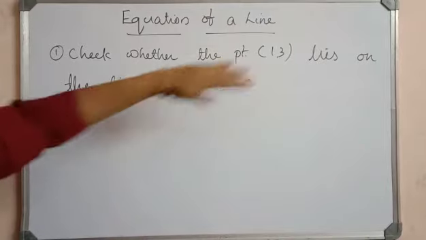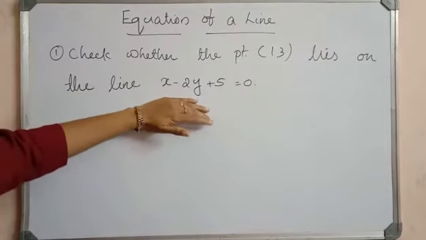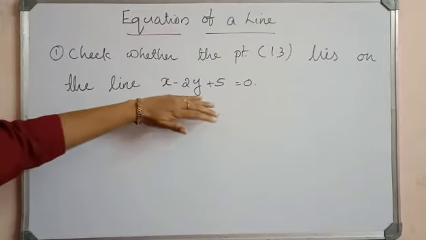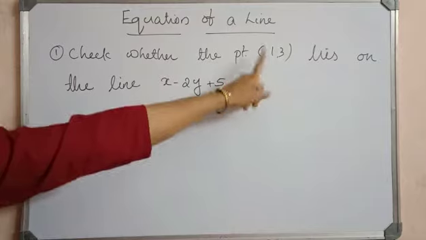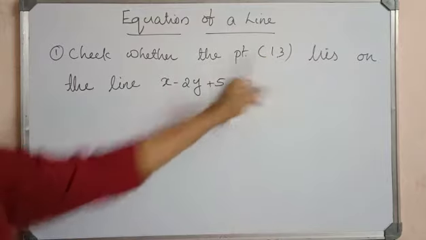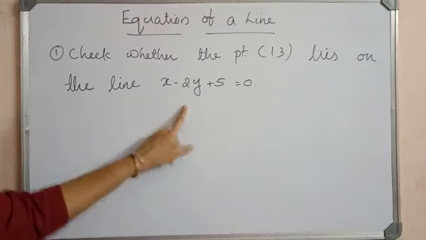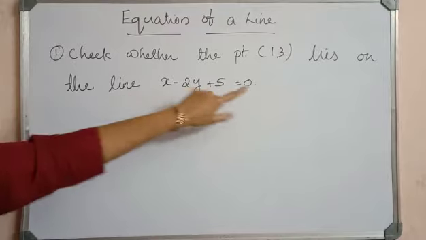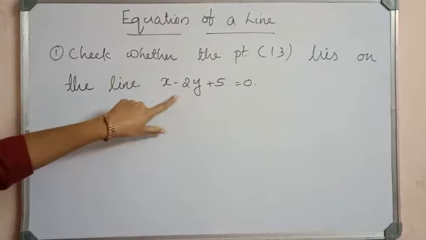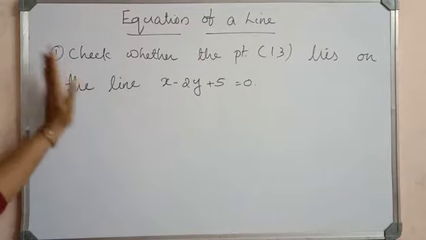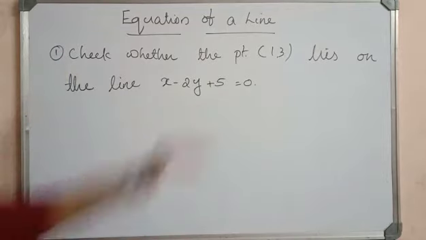That means we need to substitute x as 1 and y as 3 in this equation. If we get LHS equal to RHS, we can say that this point satisfies this equation and therefore the point lies on this line.